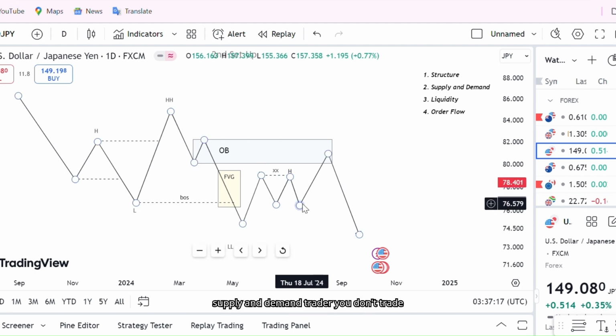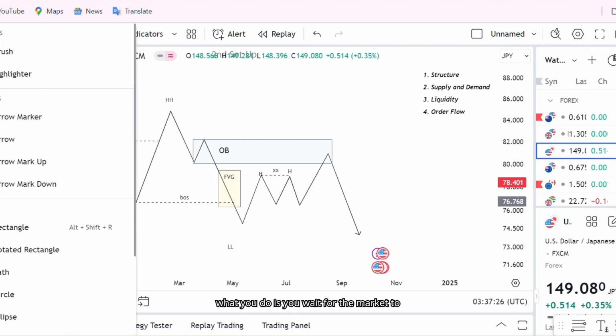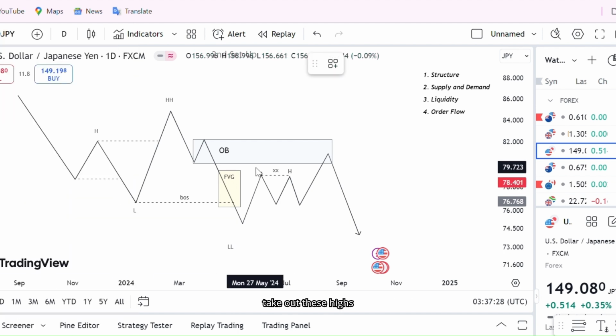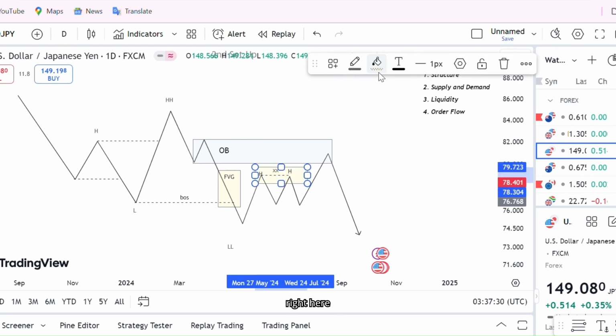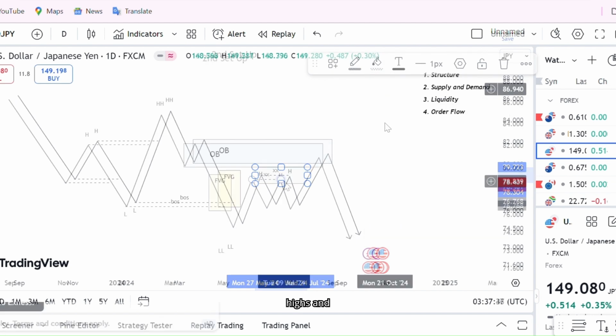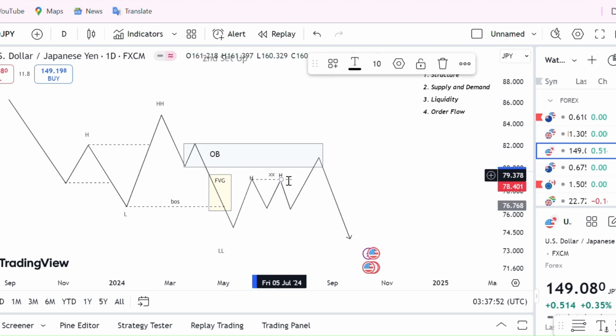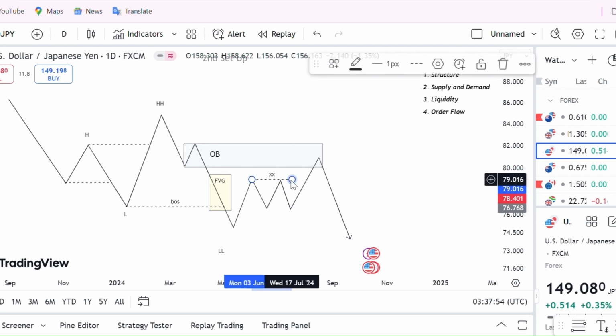So as a supply and demand trader, you don't trade on the fair value gap, right? What you do is you wait for the market to take out these highs right here. You wait for the market to take out these highs, right?